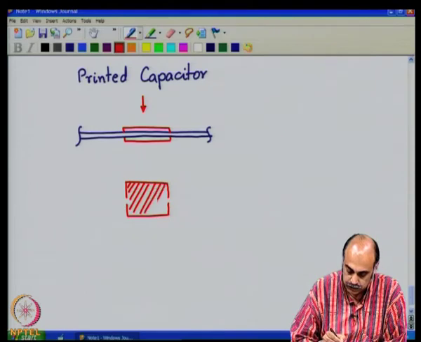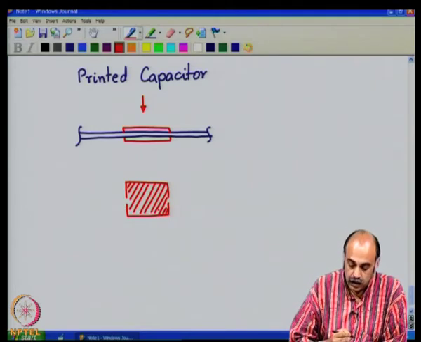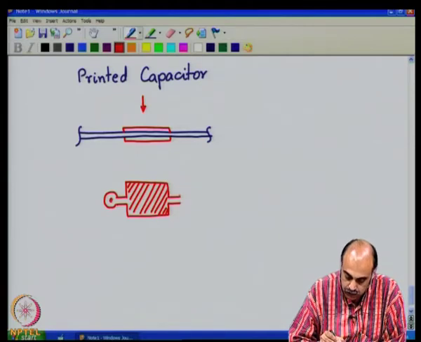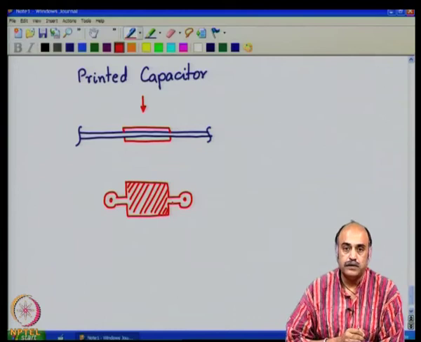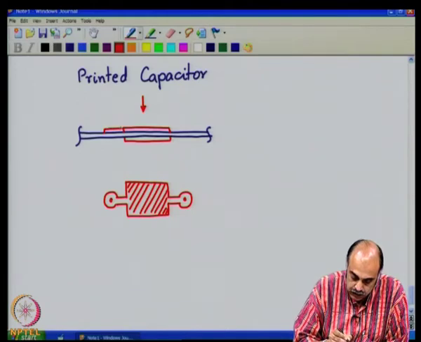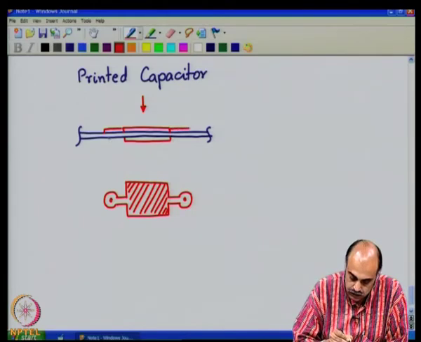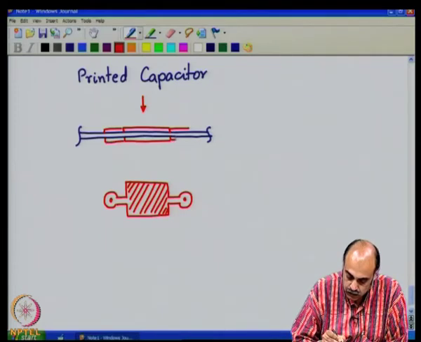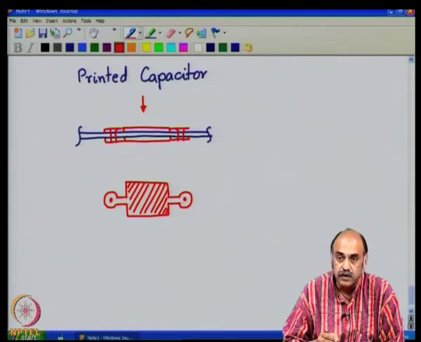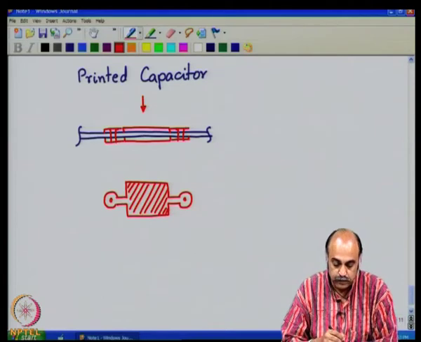The conductor portion, and you can bring it out to a pad like this. This could act as a capacitance, and to that capacitance you could connect external capacitance in parallel at these pads to achieve whatever capacitances that you would need.